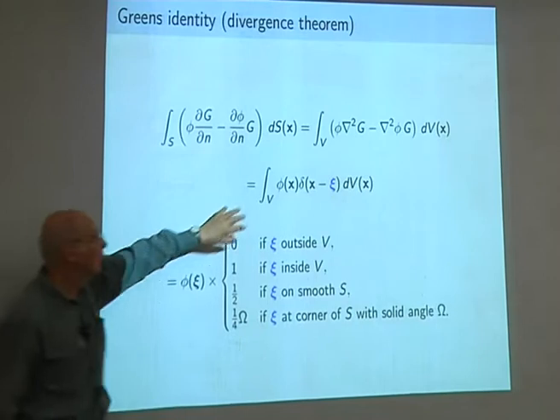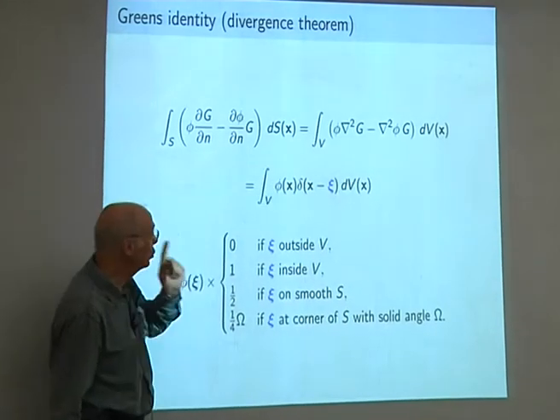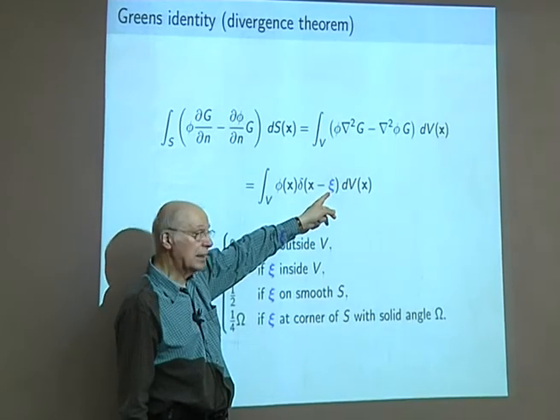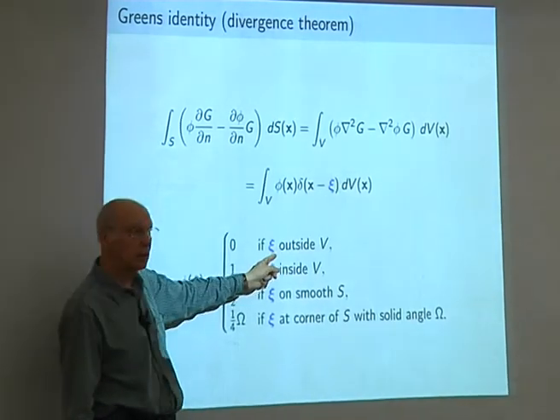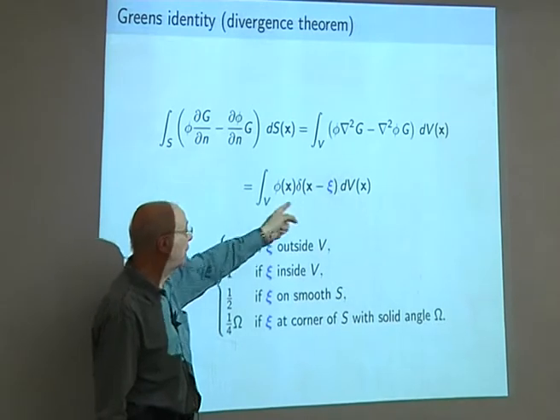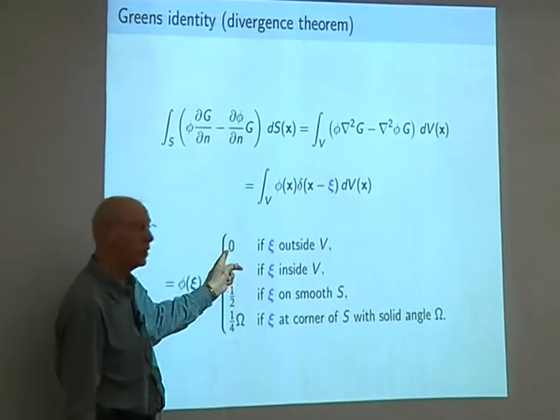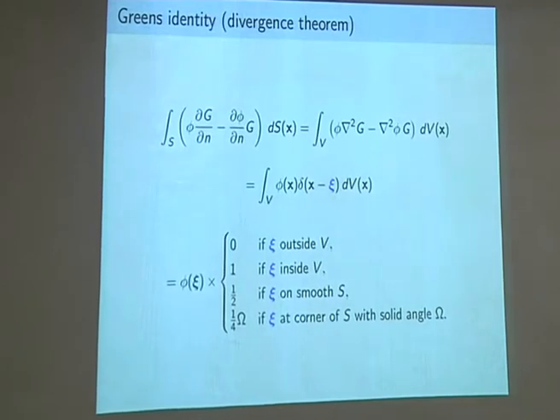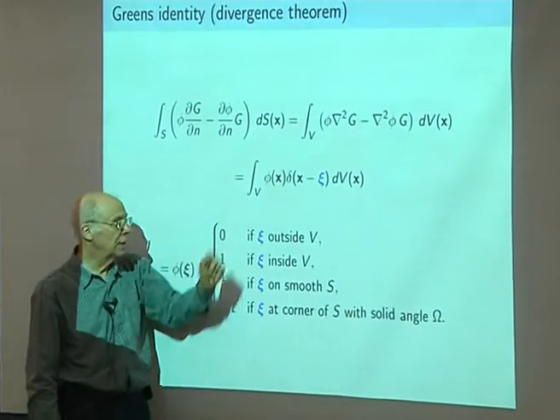And now we can evaluate this. It all depends on where this parameter point is. If it's outside the domain, this volume integral will never see this delta function, so the answer is 0. If this parameter point is inside the volume, then this is moderately constant in that region, so we can take it outside, and the integral of a delta function is 1.